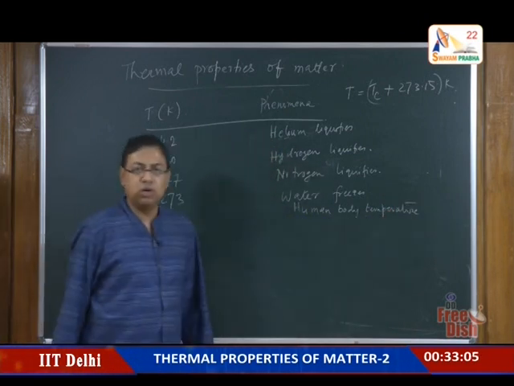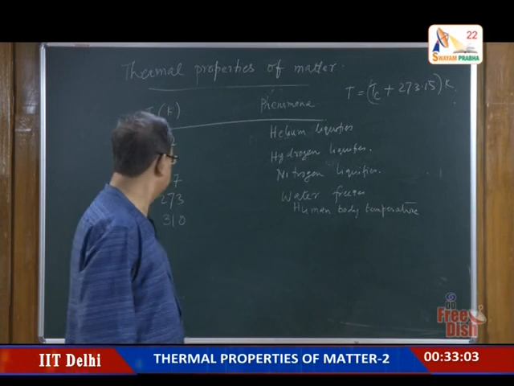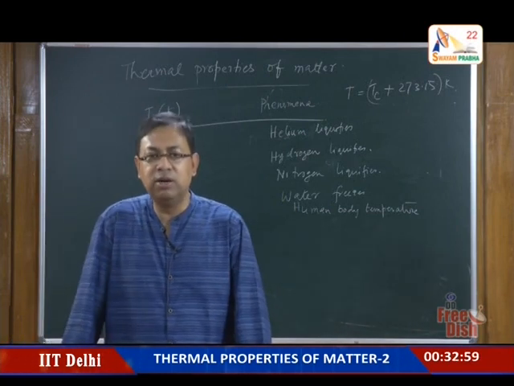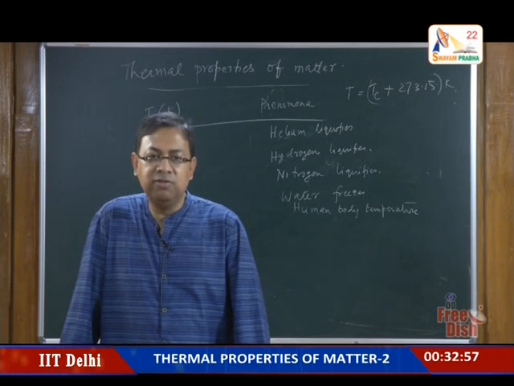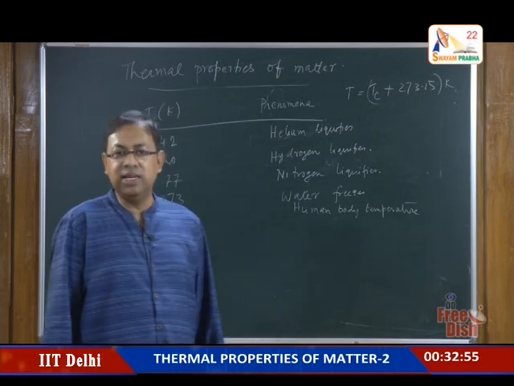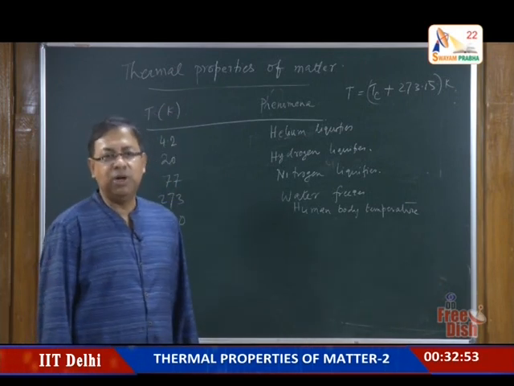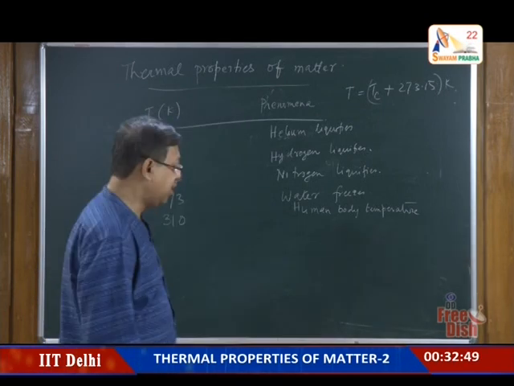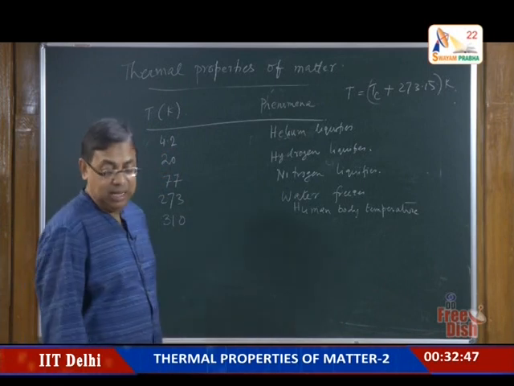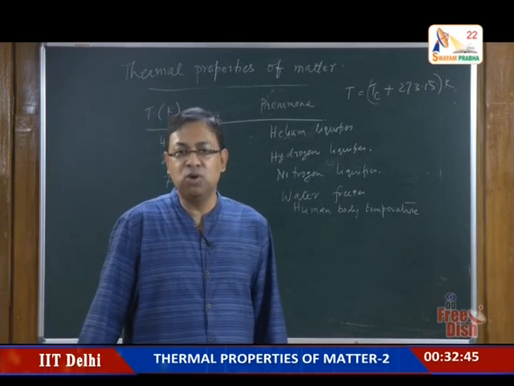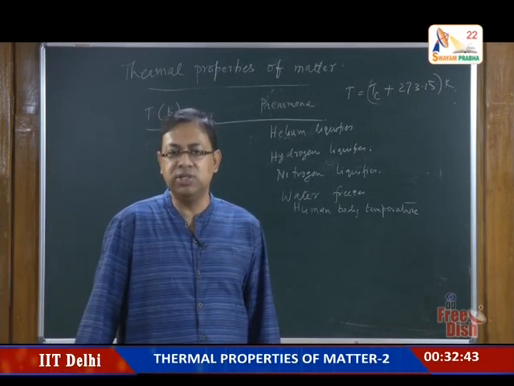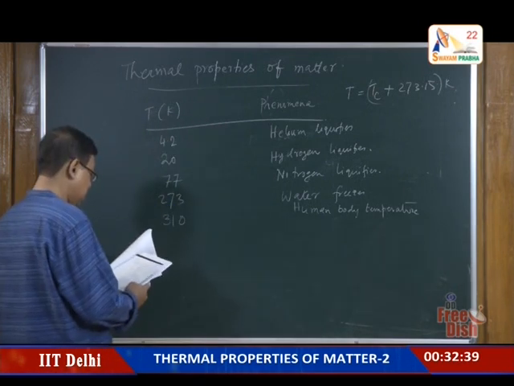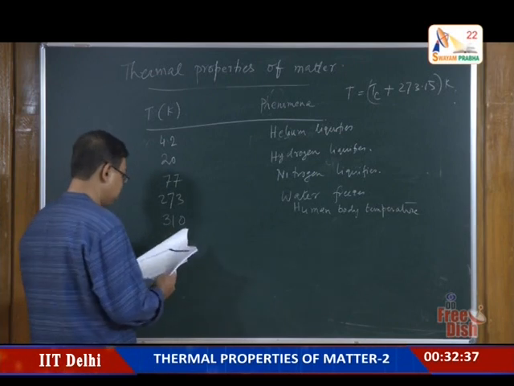As I told you, the doctors will never tell you 310 Kelvin is the body temperature that you have, or you have a little more than that if you have fever. They'll say that it's over and above 98.6 degree Fahrenheit, or in some exceptional cases they'll talk about 37 degree centigrade, which is a normal body temperature, but it's not usually quoted in terms of Kelvin.